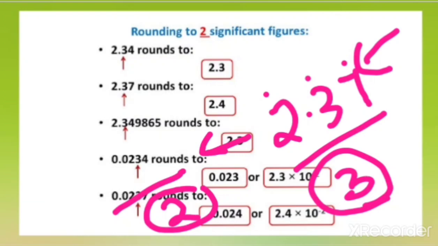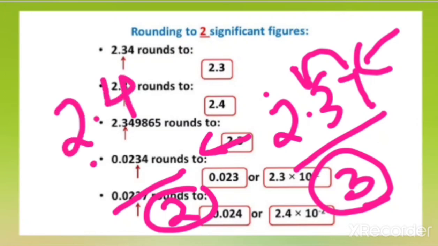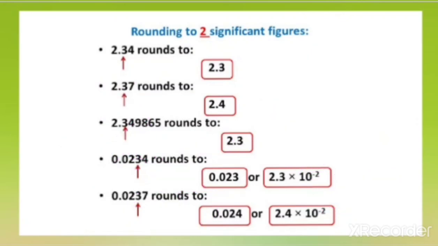Now check, the 7 is greater than 5. At the time, the neighboring number will be increased by 1. That is, it becomes 2.4. Now the 2.4, its significant figure is 2. So that is what the question will be asked, to round off to the 2 significant figures.